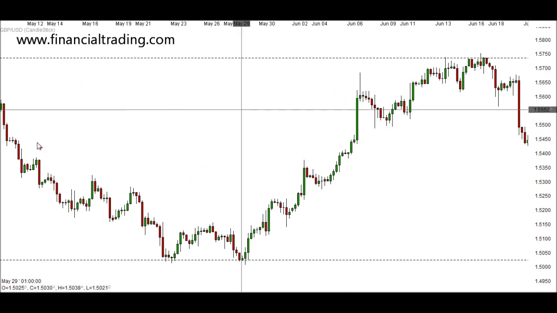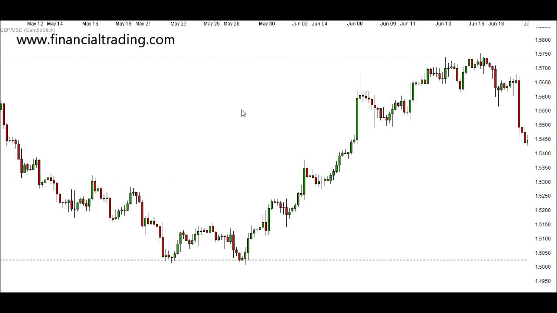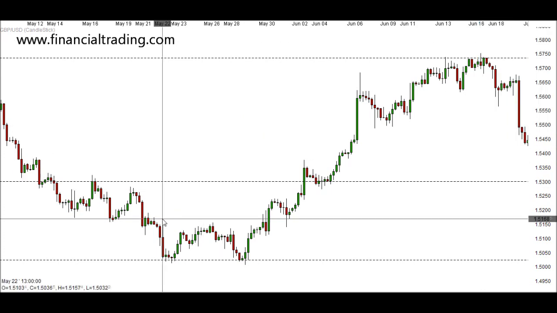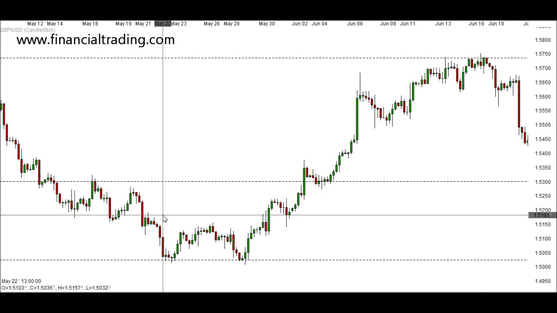So let's look at this downtrend and mark a minor area of resistance. Let's use the end of this pullback and the start of this push where price changed direction as an area of resistance, or a support and resistance area in the market.